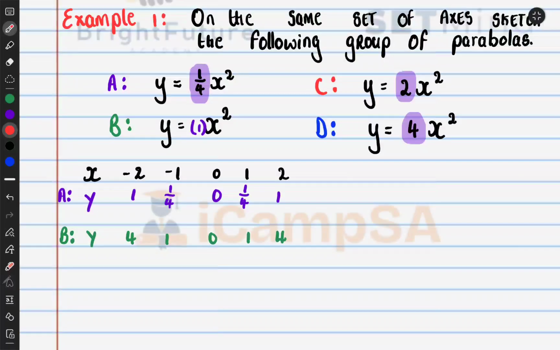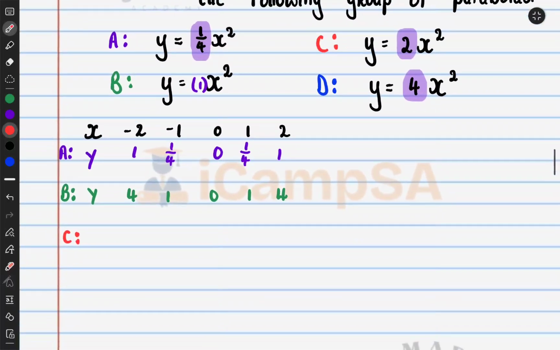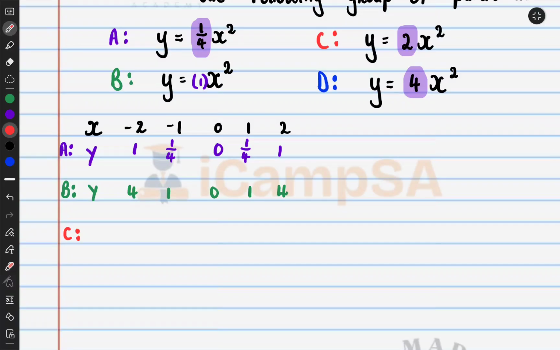And then let's go to number c, which is 2 multiplied by -2 squared, which is gonna be 8. The corresponding y values of that c function is 8, and then for -1 is 2, and for 0 it's 0. This has not been shifted. And then 1 is 2, 2 is 8.